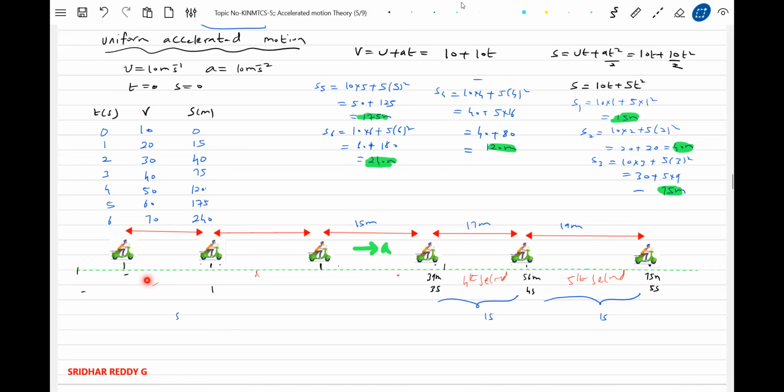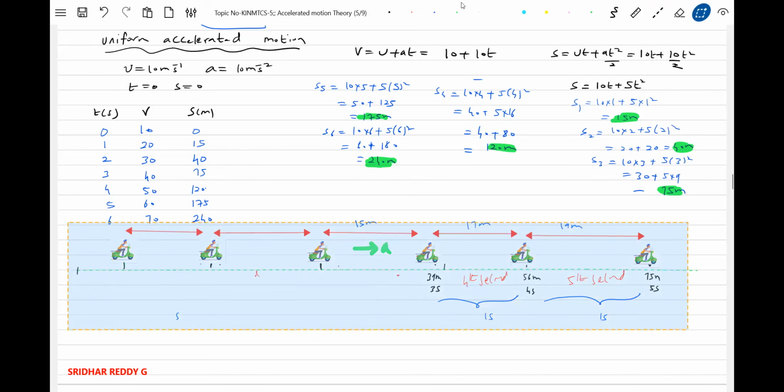Let me rearrange things. I think diagram.